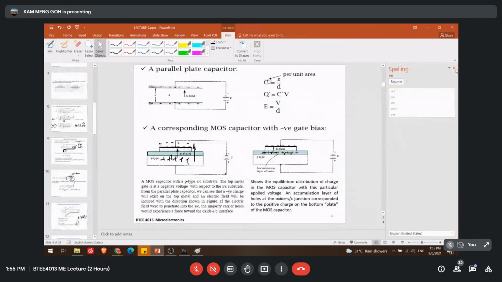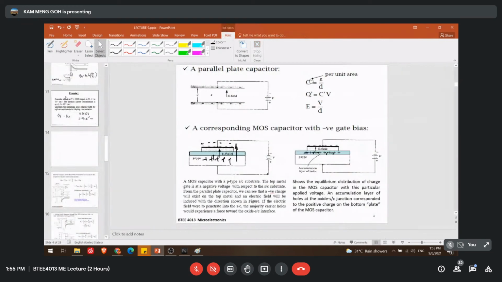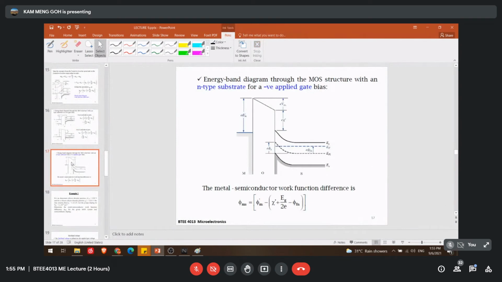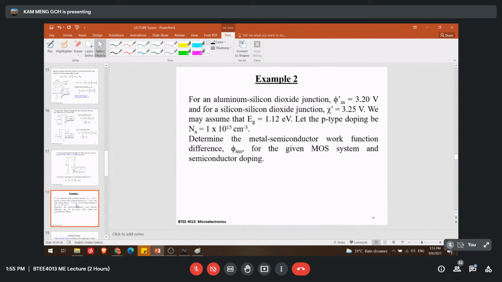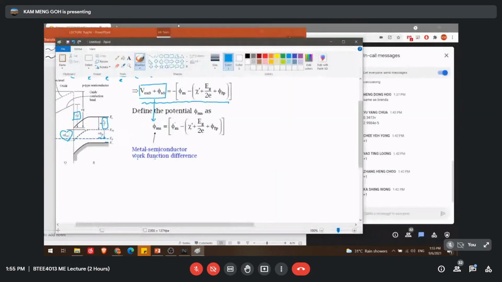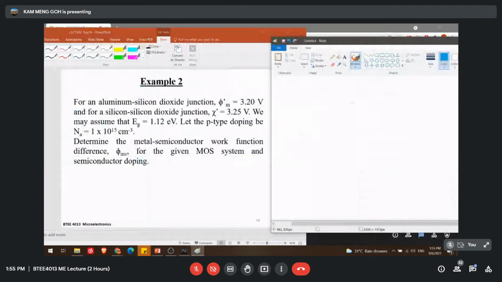Okay, so let me close this. Maybe I try one example so that you can become familiar with this. Imagine this, for the aluminum silicon dioxide. Let me write it this way.